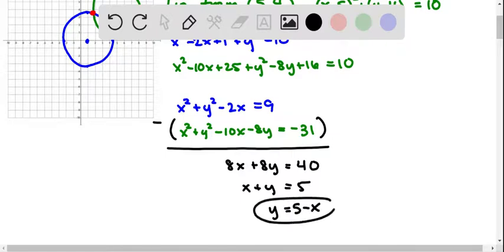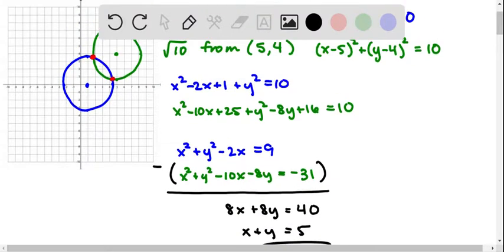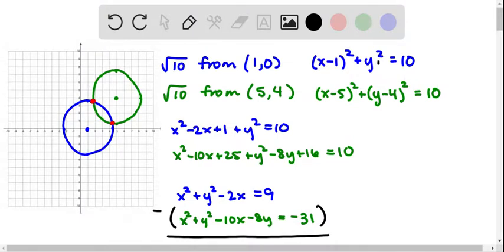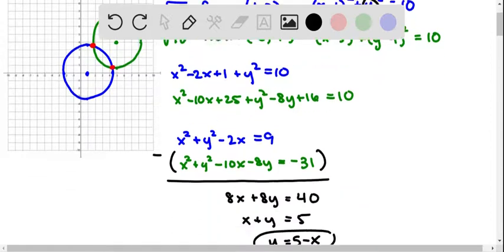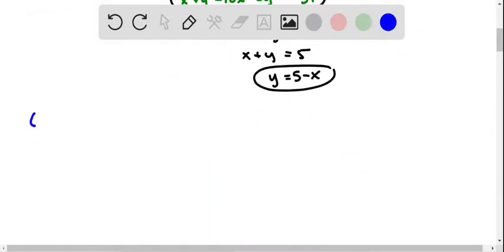And then let's substitute that back into one of our previous equations. So we could substitute that in for y in our first circle's equation. So now we have (x - 1)^2 + (5 - x)^2 = 10 for our first circle. Let's solve this equation for x.